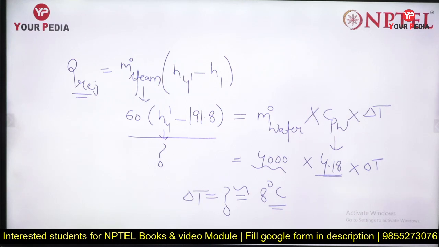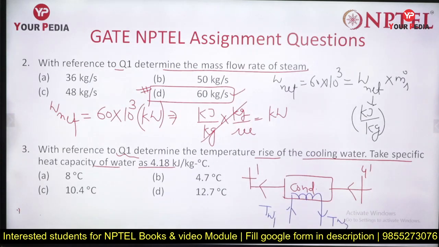Please check and match your answer whether you are getting the temperature change for water close to 8 degrees Celsius or not. That's why the right answer for this question will be A. The change in temperature of the water will be close to 8 degrees Celsius.